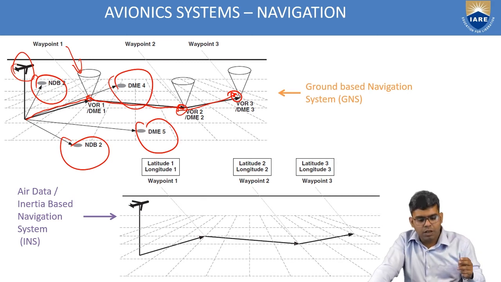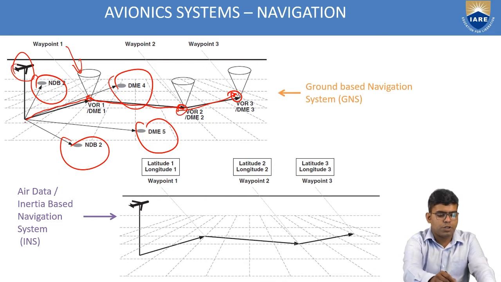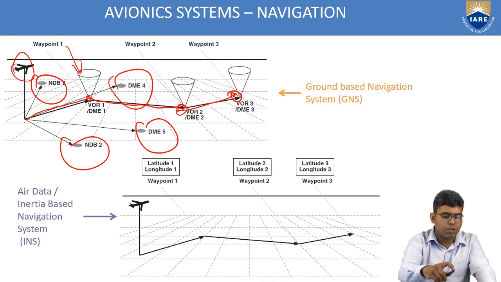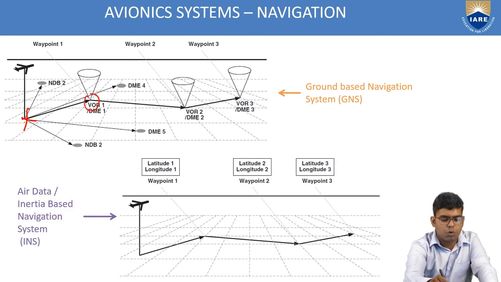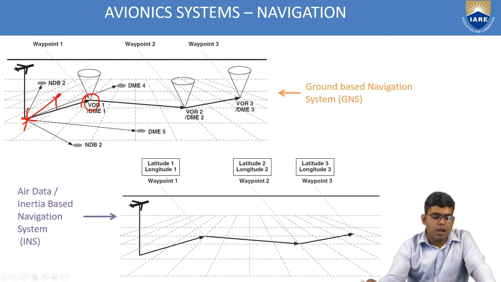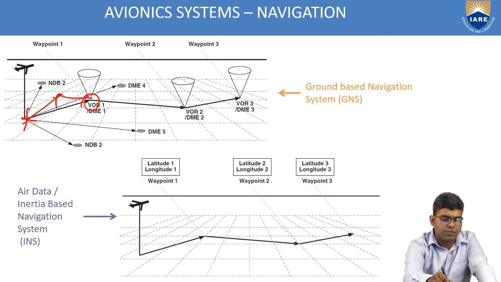So for example, if I want to go from my current position, let's say this is my current position, and I want to go to waypoint 1, and let's say that my true heading is somewhere over here, which is at a certain distance from waypoint 1, let us say D, and I have a certain distance from NDB2, D2.